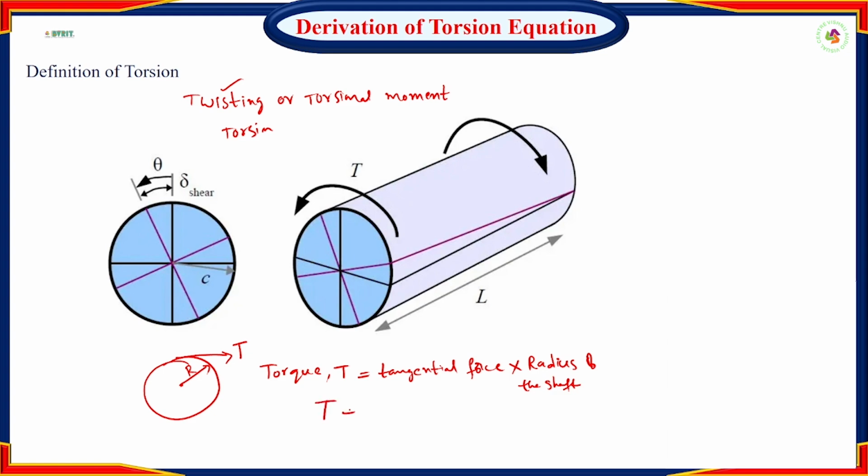So T can be written as tangential force Ft into radius of the shaft. Now coming to the units for torque: the unit of force is Newton and the radius of the shaft is in meters or millimeters.